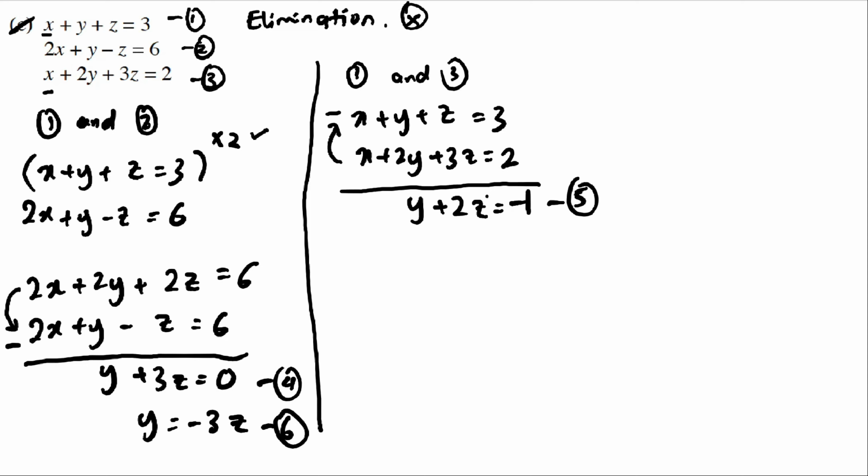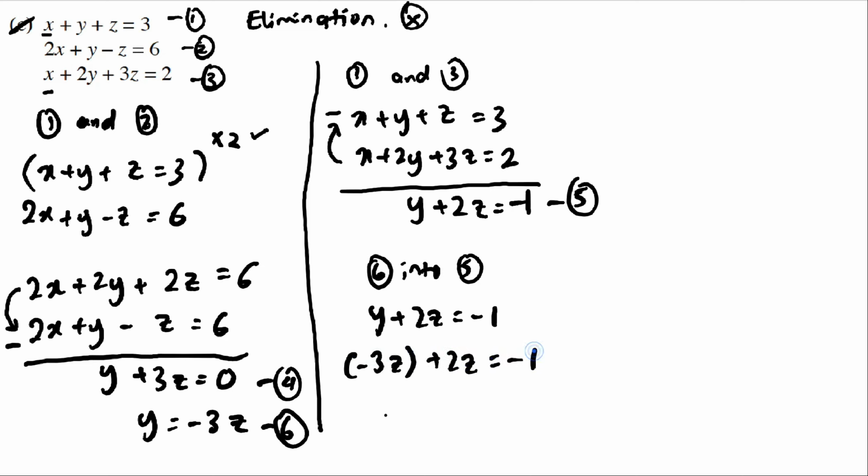If we substitute y inside this equation, we can get what is our z. Substituting 4 into 5, here, y plus 2z is equal to negative 1. Since y is equal to negative 3z, negative 3z plus 2z is equal to negative 1. Negative 3 plus 2, we get negative z is equal to negative 1.